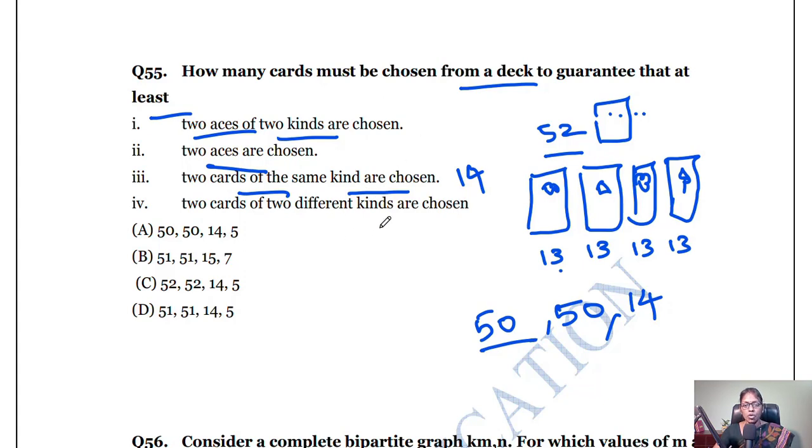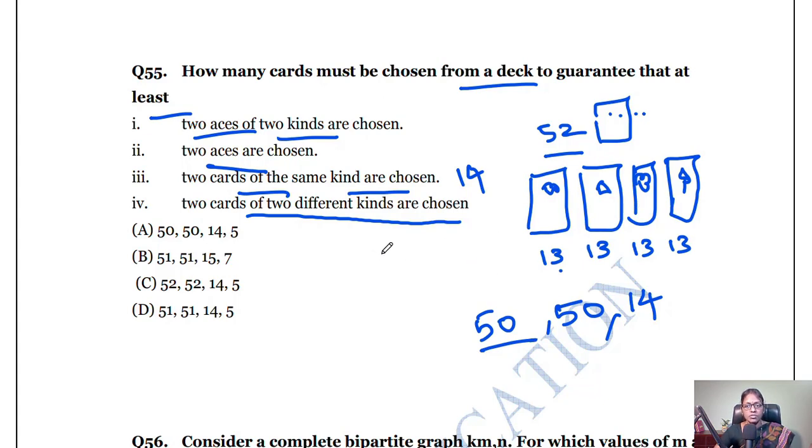The next one is: 2 cards of 2 different kinds are chosen. For example, I have to take 2 different cards. I take the first card as the ace, the second card as the ace of diamond, the third as the ace of club, and again the ace of spade.